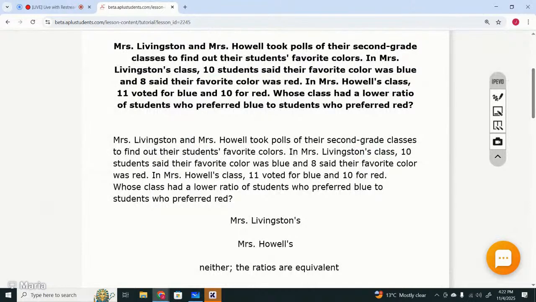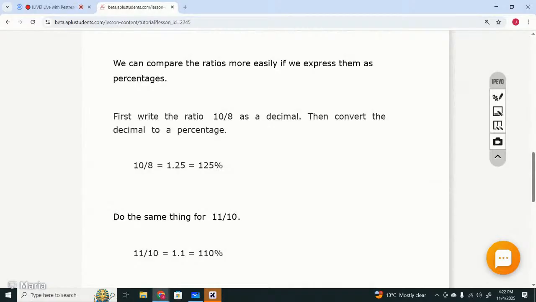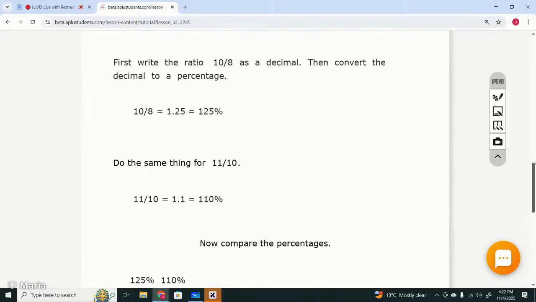Mr. Livingston and Mrs. Howell took 8 classes to find out their students' favorite color. In Mrs. Livingston's class, 10 students said their favorite color was blue and 8 said their favorite color was red. So 10 by 8 it is. In Mrs. Howell's class, 11 voted for blue and 10 for red. Whose class had a lower ratio of students who preferred blue to students who preferred red? So the ratios are 10 by 8 and 11 by 10, right? Convert to percentage form and see. 125% and 110%.